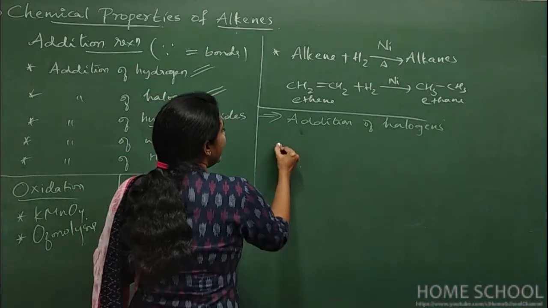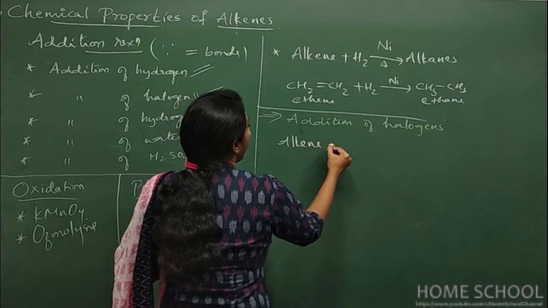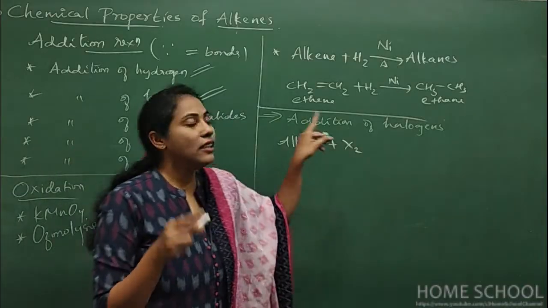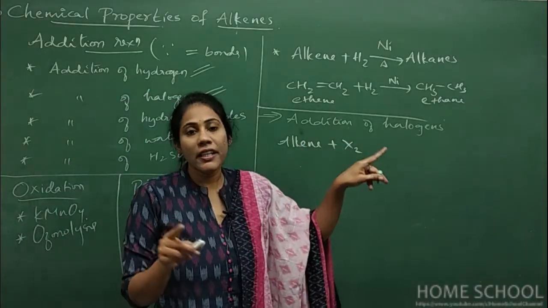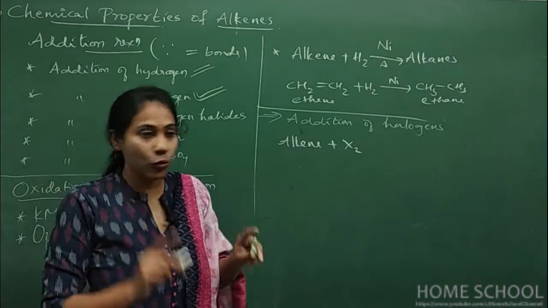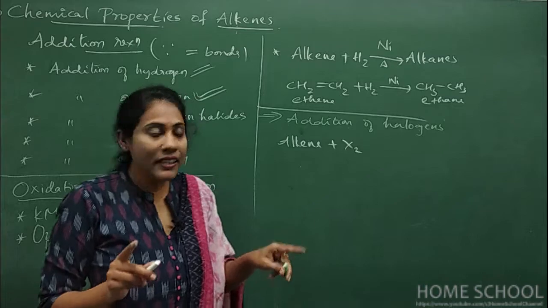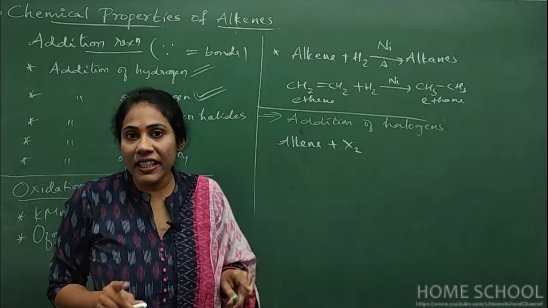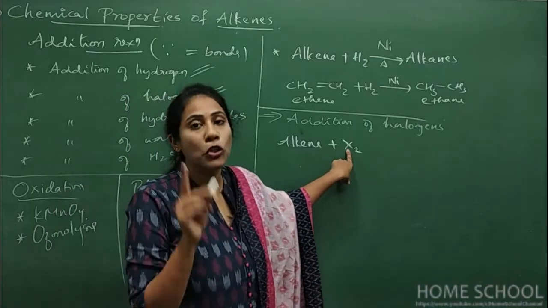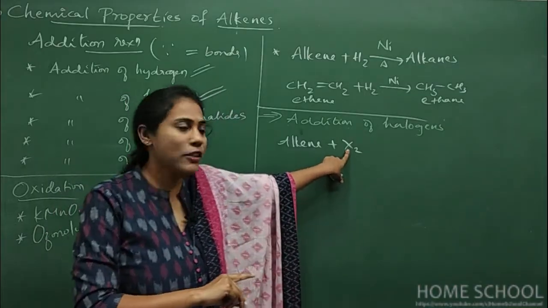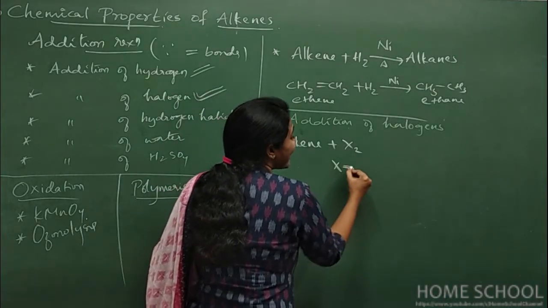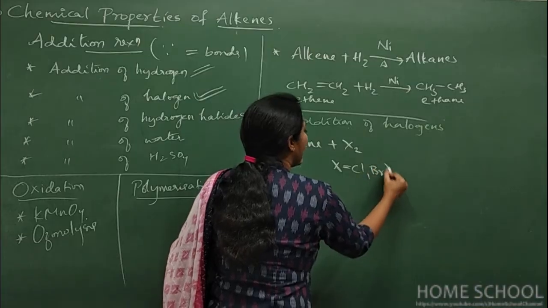When you take any alkene, right, on adding halogens, halogens are generally represented with the letter X. So here X can be Cl, X can be Br, or X can be iodine, I2. Okay, but with iodine, addition reactions are very, very rare. Addition reactions are very common for chlorine and bromine, right? So most frequently, we take X as Cl or Br, right?